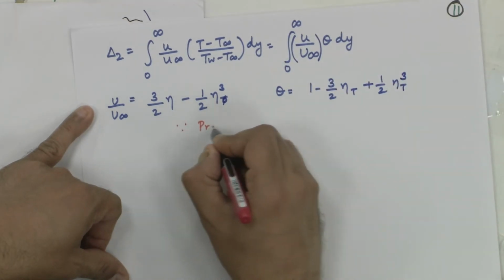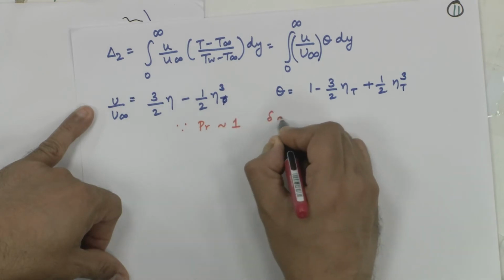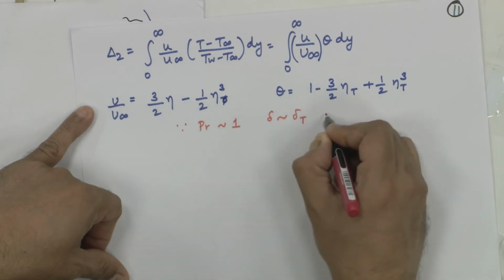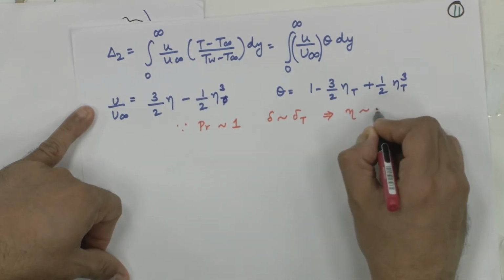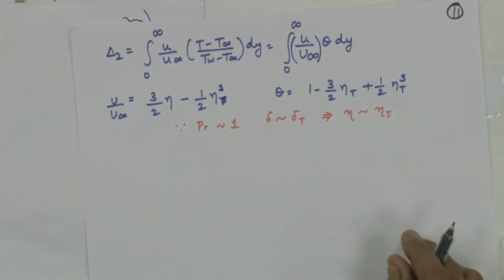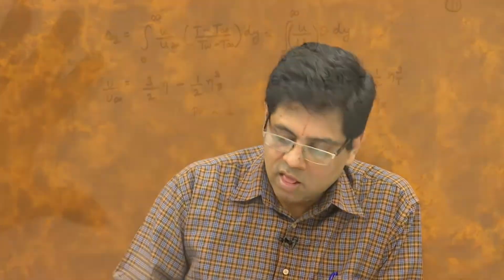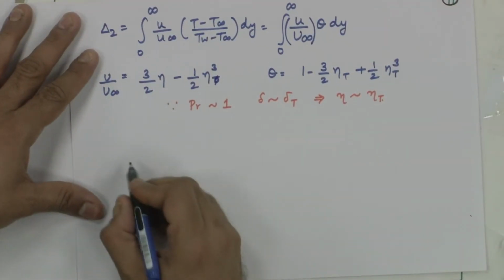Because Prandtl number is of the order 1, delta is of the order of delta t, implies eta and eta t are identical. Please remember, this is very important, and we are getting a very specific solution, and this requires a little bit of explanation.